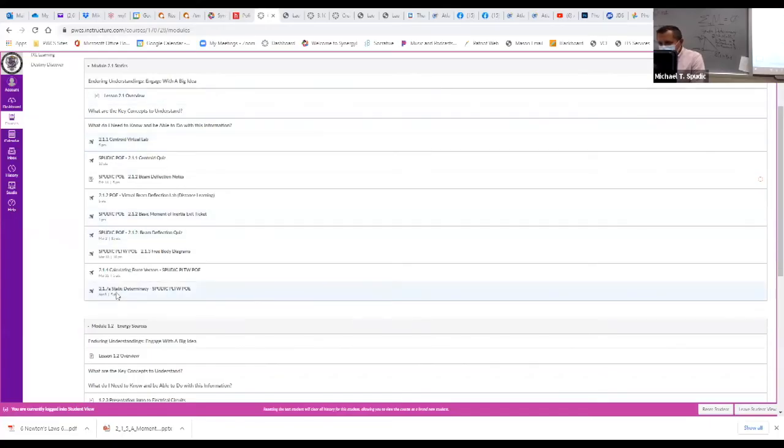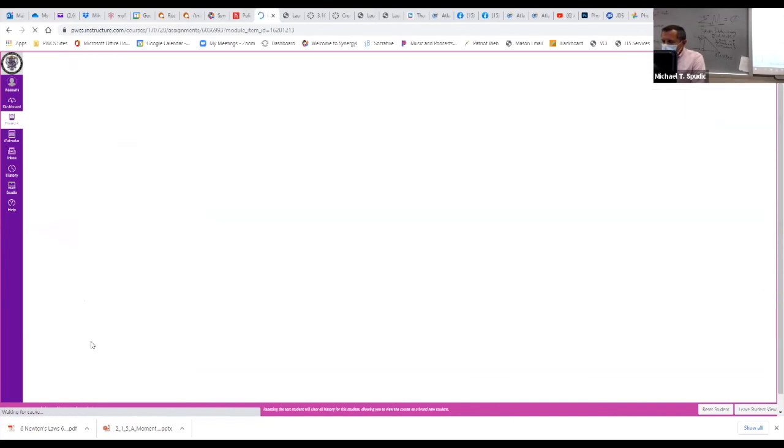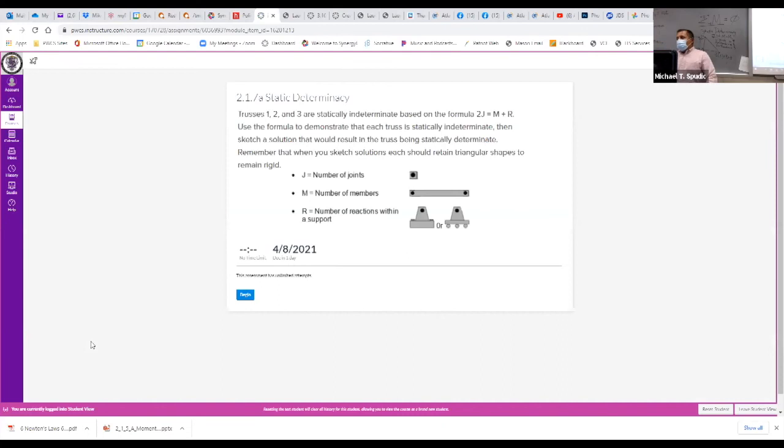If we go to statics, down below you will have the static determinacy. Do your work in the thing. You're doing those equations. You'll be given pictures, and you just make the decision.